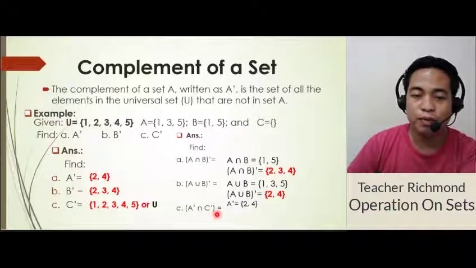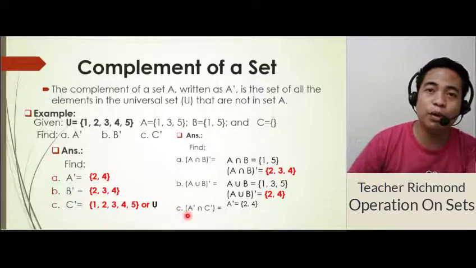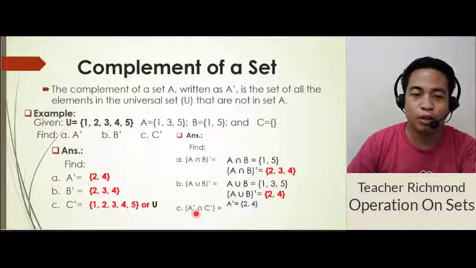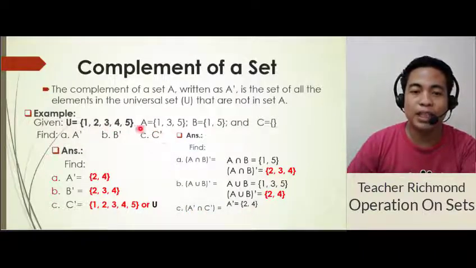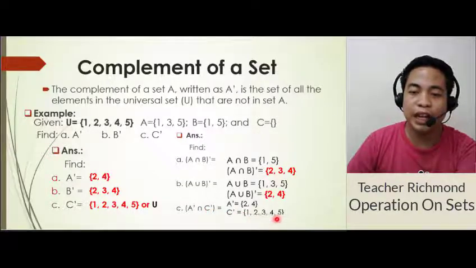First thing that you are going to do is find the complement of set A. By comparing the universal set and set A, you can get the complement of set A. So we have here 2 and 4. And for the complement of set C, we have all the elements in the universal set, since set C is an empty set or null set.